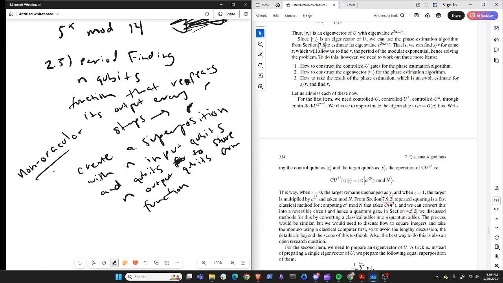This is just using quantum gates to achieve this. It's not using some kind of oracle structure. So we create this function, and we apply the function f to all inputs simultaneously, to all of our input qubits.